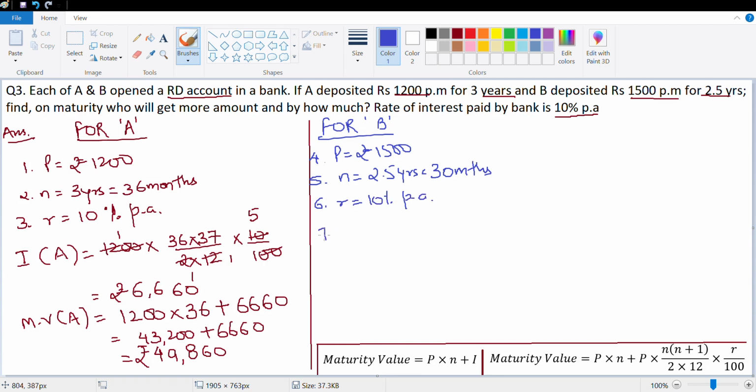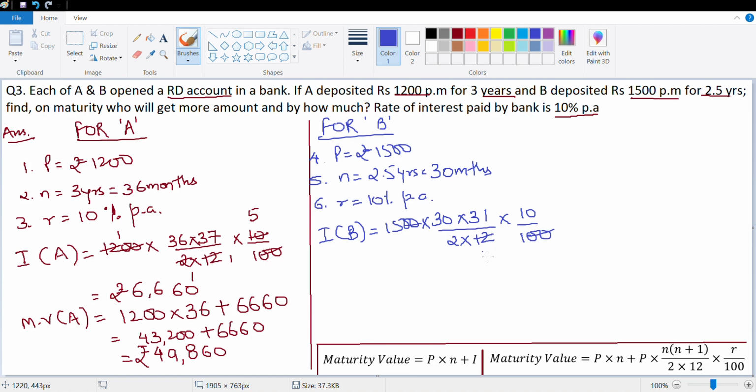So let's calculate the interest for B. It would be P, in this case 1500, into N, that's 30, multiplied with N plus 1, that's 31, upon 2 into 12 into R upon 100. So 00 and 00 get cancelled.